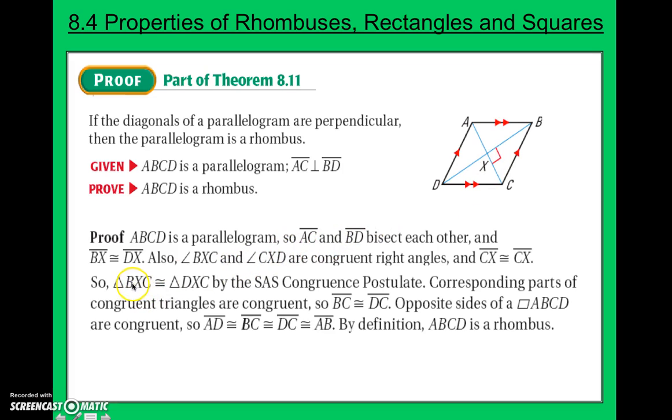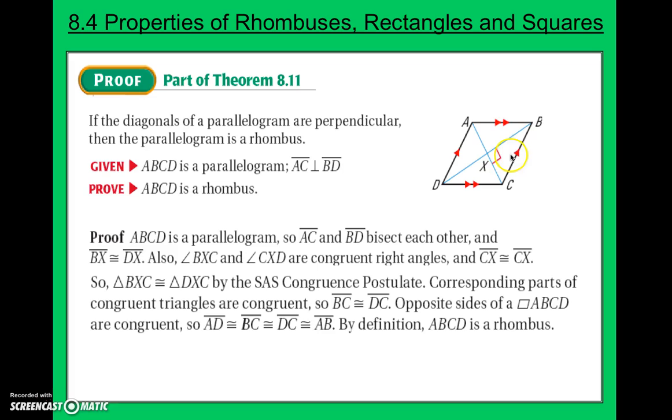We end up showing that triangle BXC is congruent to DXC by side angle side. Using the corresponding parts of congruent triangles are congruent, CPCTC, BC is congruent to DC.